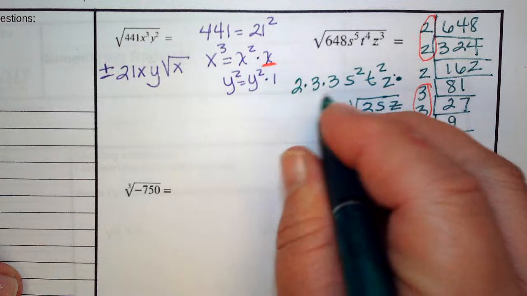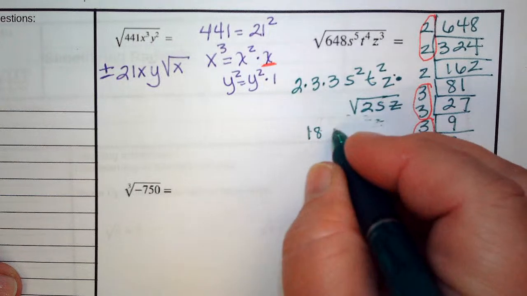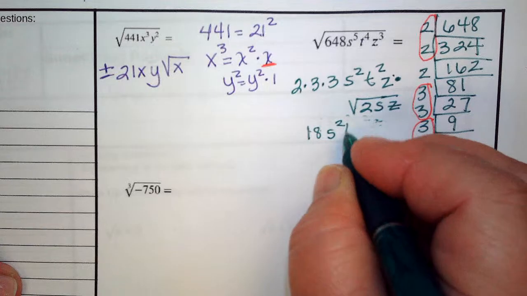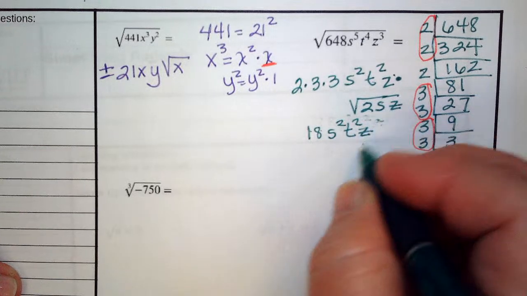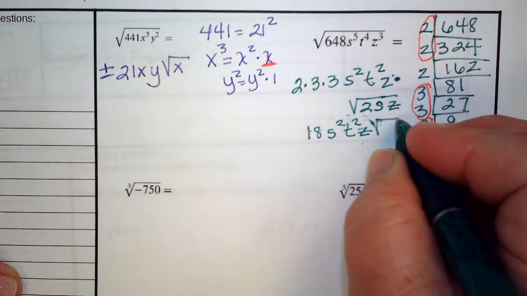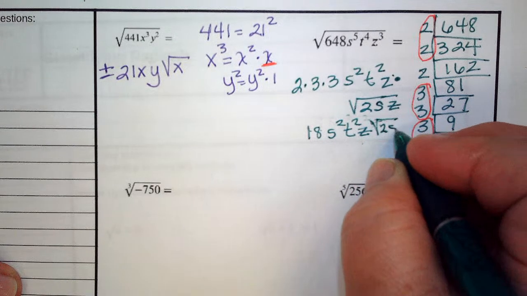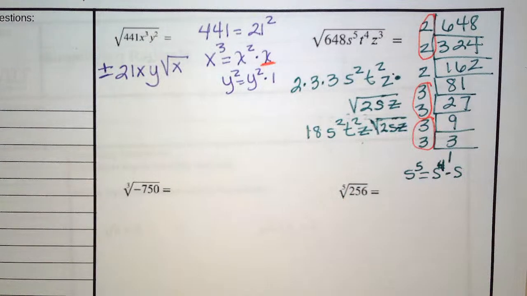So this becomes 18 s squared, t squared, z, and then the square root of 2sz. Oh, that was a kind of a thorny problem there.